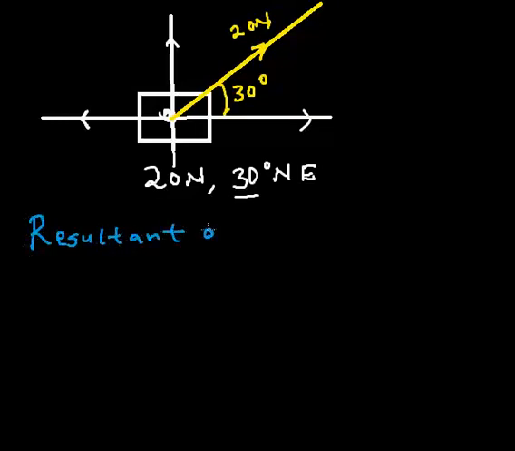Resultant of vectors. Now, of course, if we are talking of a resultant of vectors, that means we are dealing with not just one vector, we are dealing with many vectors. So what is the resultant of vectors? The resultant of vectors is simply the result of adding vectors.